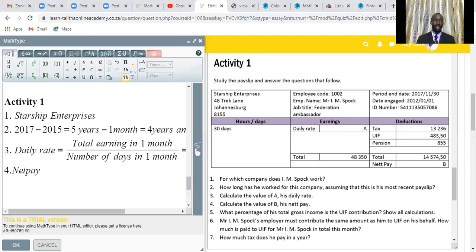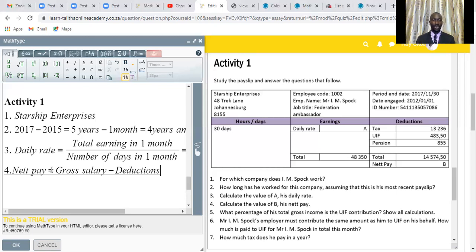So we say the net pay is calculated from the gross salary minus total deductions. Yes, this is how we calculate, not the gross salary, the net pay.